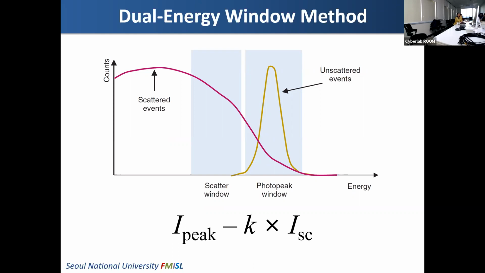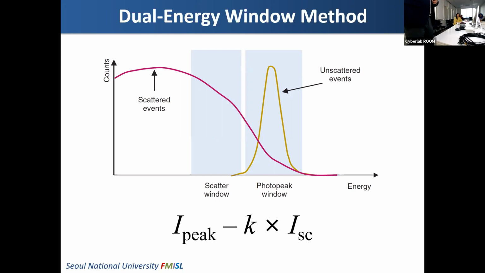So in this dual energy window method, we assume that this scatter fraction is a fixed value that will be the same regardless of how much scatter has happened. The ratio. We can determine this ratio maybe based on phantom data or something like that. This fraction will also be dependent on the energy of the isotope, so each isotope should have a different fraction.